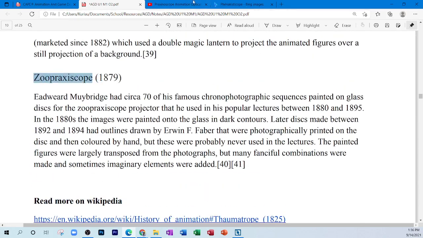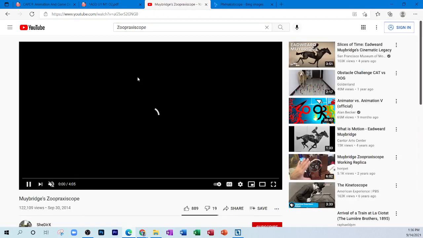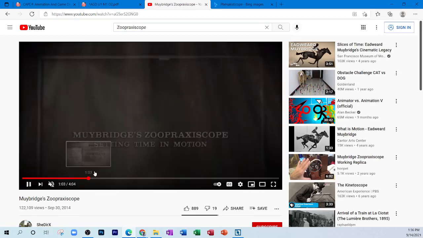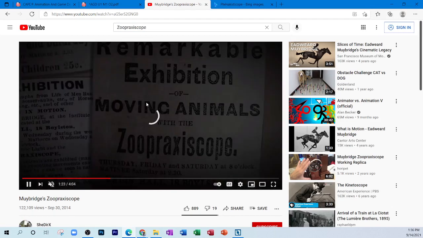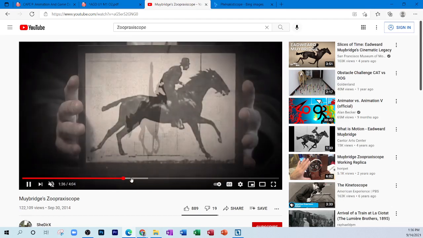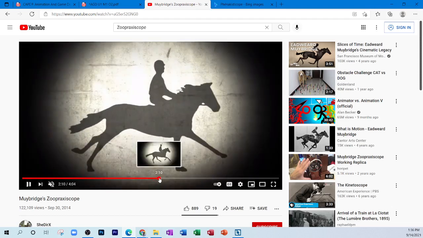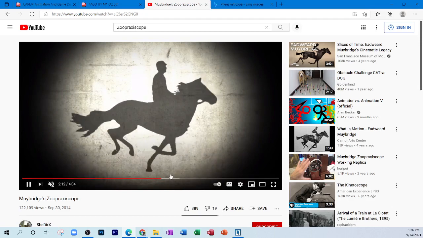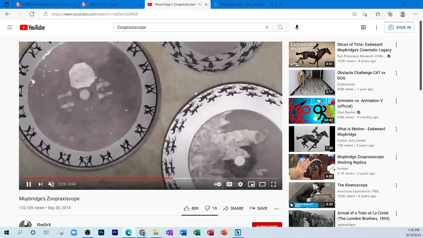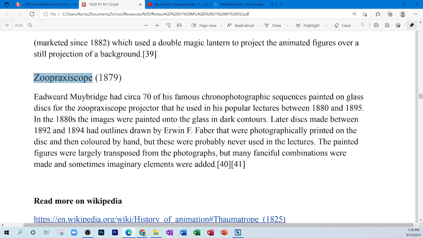Alright, and the last one. Sequence painted on a glass disc, but it's a practical projector that he used to popularize.